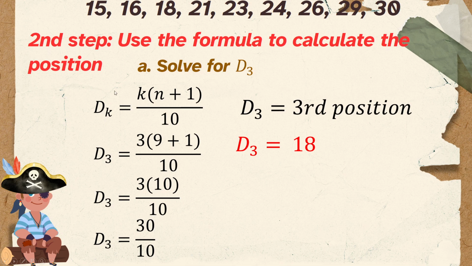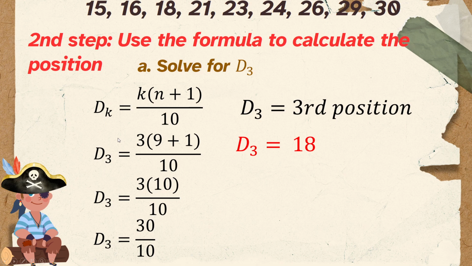Now, here is our formula, right? Now, we will just substitute our k. We are solving for decile 3, therefore our k is 3. Tapos yung n natin, bilangin lang natin sila: 1, 2, 3, 4, 5, 6, 7, 8, and 9.